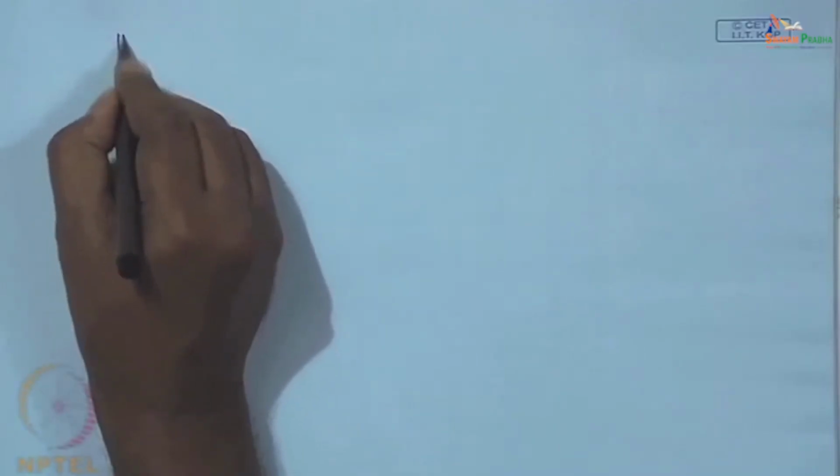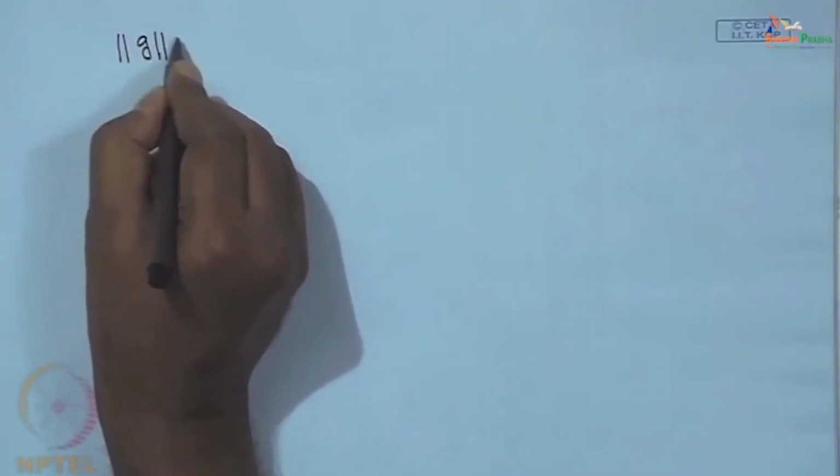Now, we are looking into the second example where we are talking about the functions f and g. In the last lecture we looked into the norm of function f, and now we will look into how to compute the norm of g.